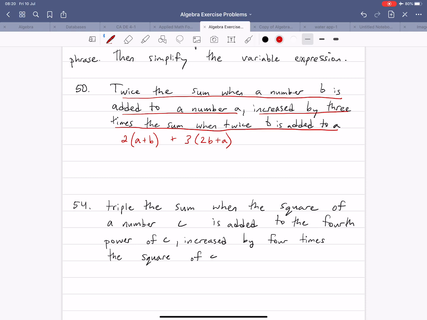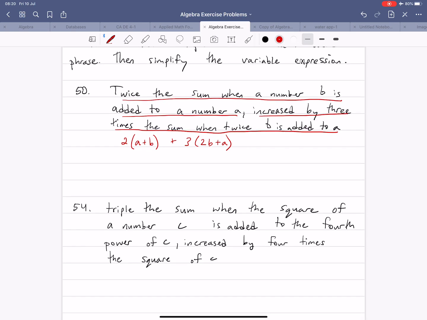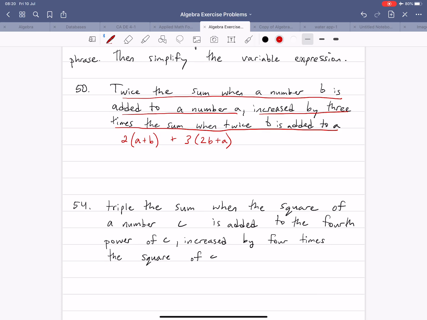Okay, so that's my variable expression for the word phrase, and then I just simplify. So I'm going to want to combine terms that have a factor of a together, and then I'm going to want to combine terms that have a factor of b together.